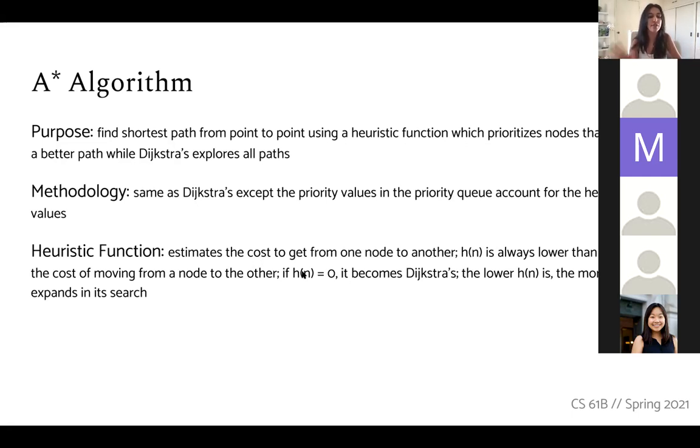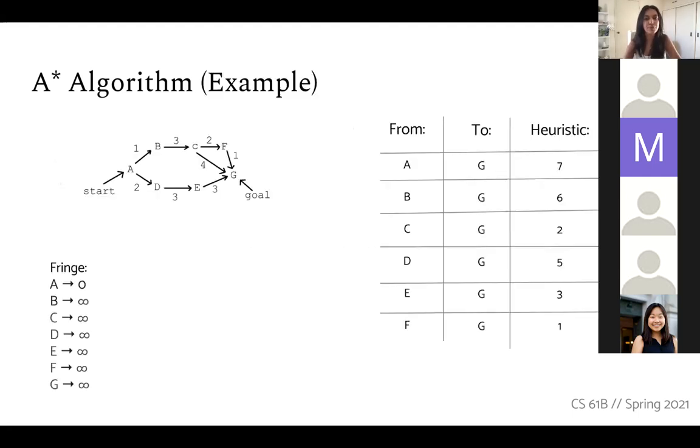And if the heuristic values are all 0, then it becomes Dijkstra's, because we're not given any estimate, we're not given any idea of a path that may be faster. And the lower the heuristic is, the more A star expands in its search; the higher it is, the more compact the search is. So we're going to go through an example.